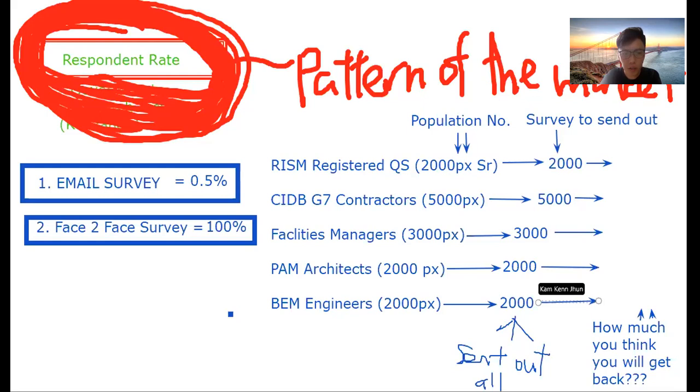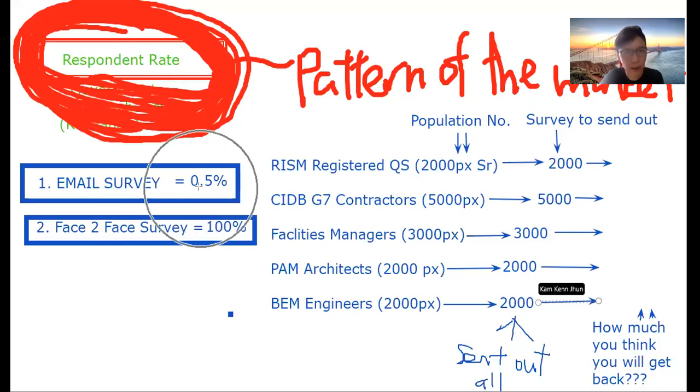My maths is not good. You guys are QS, your maths is better. So can you tell me what is the number you should get back? Why 1% of each? The answer is 0.5% for each.